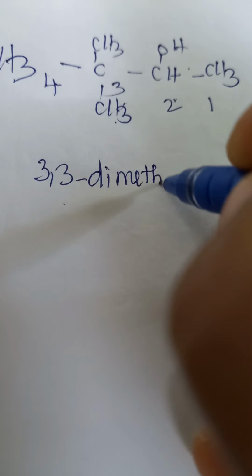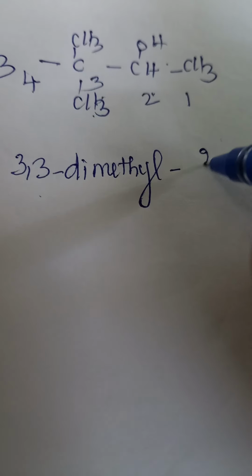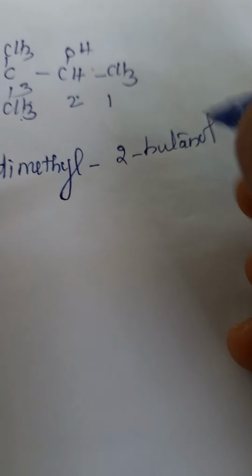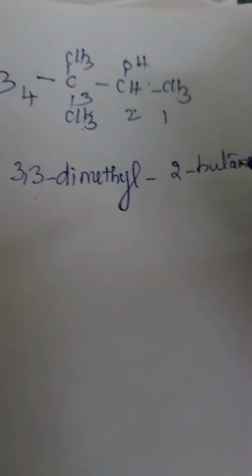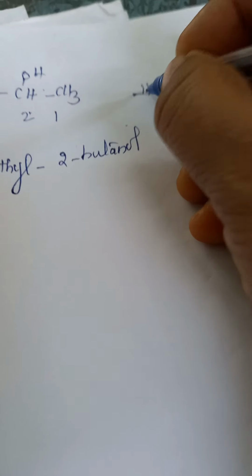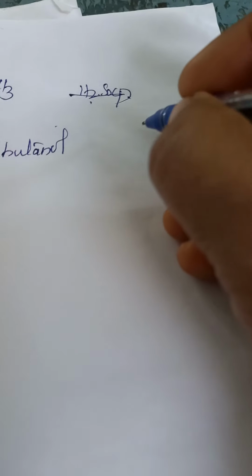Totally 4 carbon atoms. So 3,3-dimethyl, this is the prefix, 2-butanol. It is treated with concentrated sulfuric acid, H2SO4. In the first step, this hydrogen attaches to this OH, so a water molecule is removed.